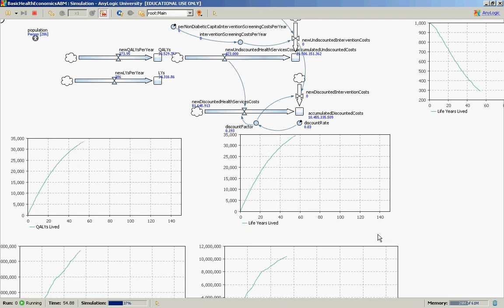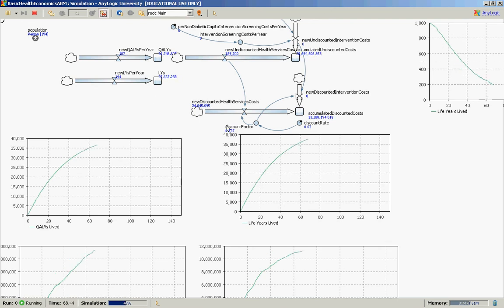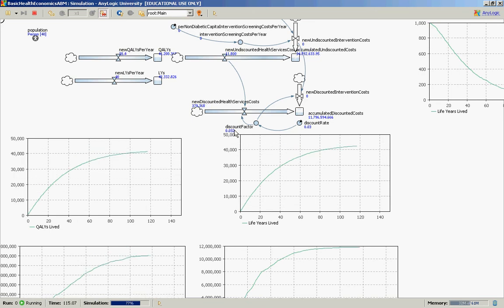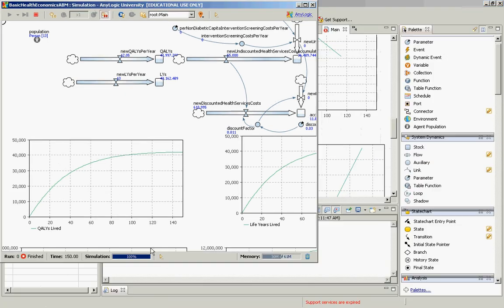The further we go out, the lower this discount factor, the more and more discounting is applied to bring it into present value terms. And we end up with a big discrepancy where the undiscounted costs are much higher than the discounted costs. The discounted costs are approximately $12 million.